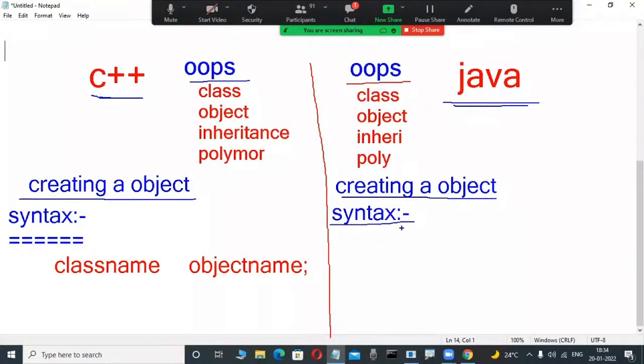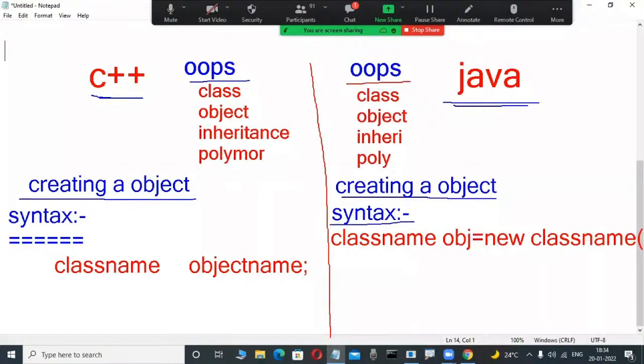Yes, some fellows are telling correctly: class name, space, object name equals new class constructor. Is some other syntax there or not? That's why, are these two languages syntactically different or the same?